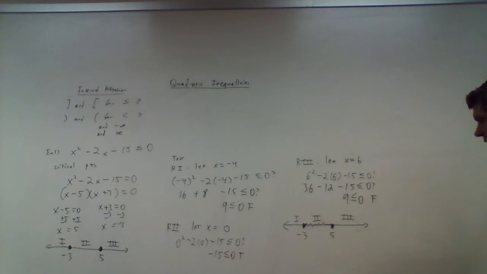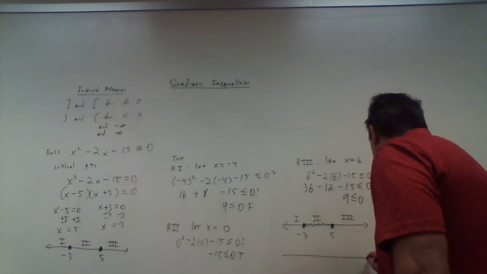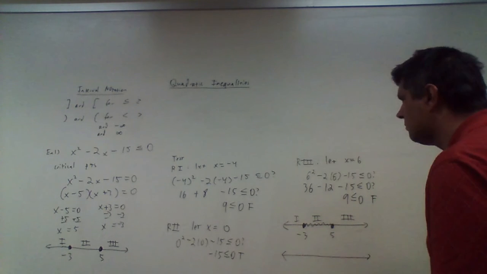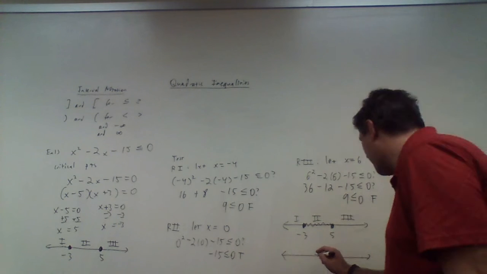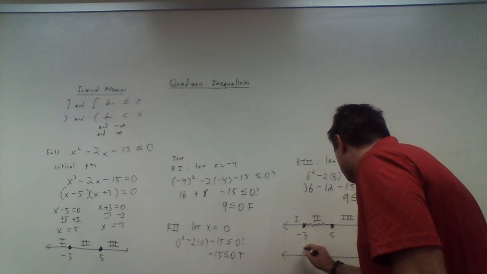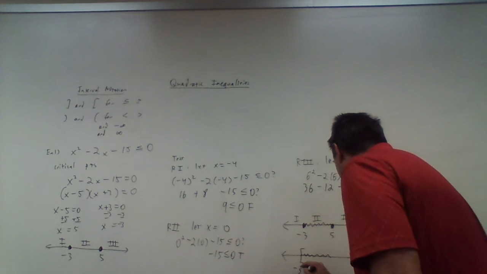So we shade that region. So, in interval notation, we're going to shade between negative 3 and 5.